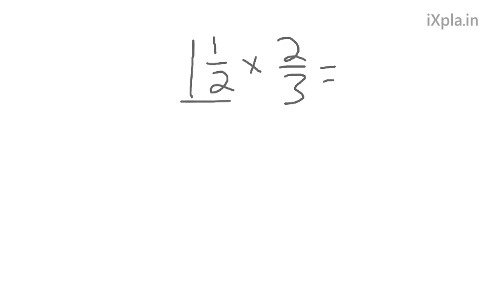Remember, in doing that, what we do is we go 1 times the bottom number, 1 times 2, which is 2, plus the top number, which is 1. So we go 1 times 2 plus 1.